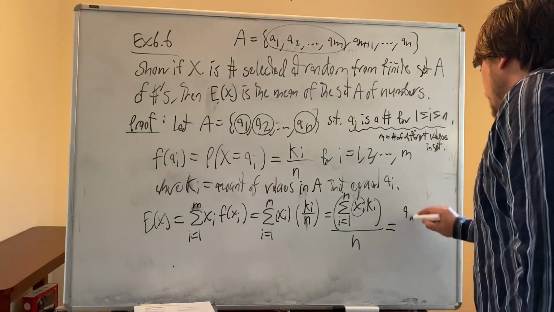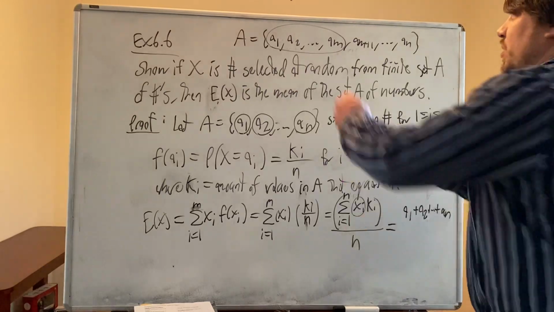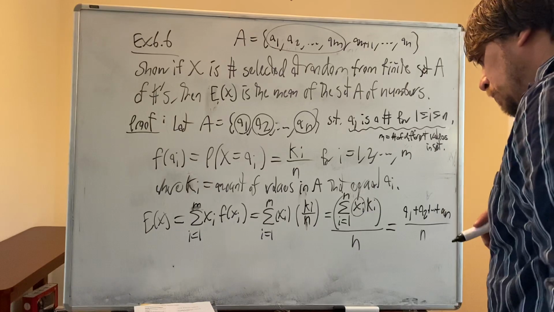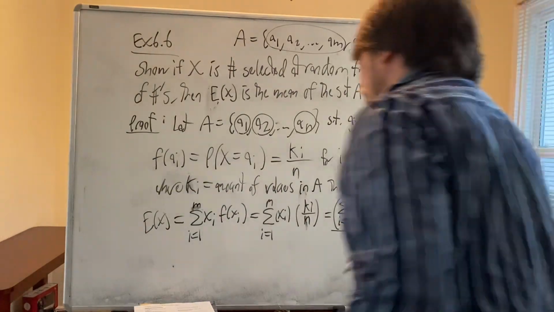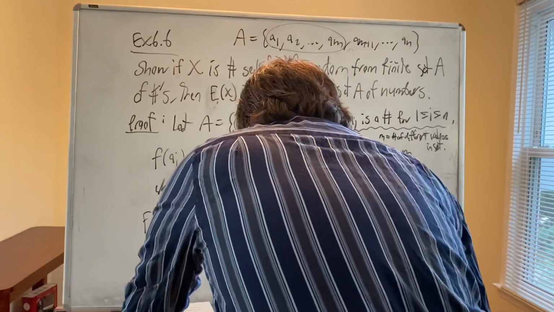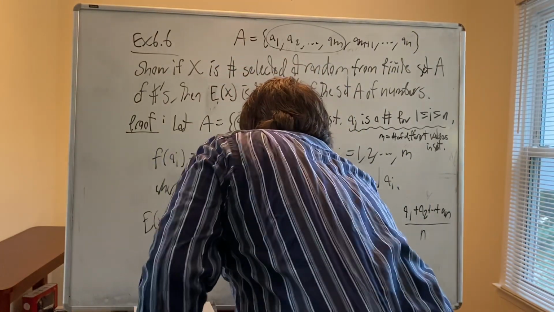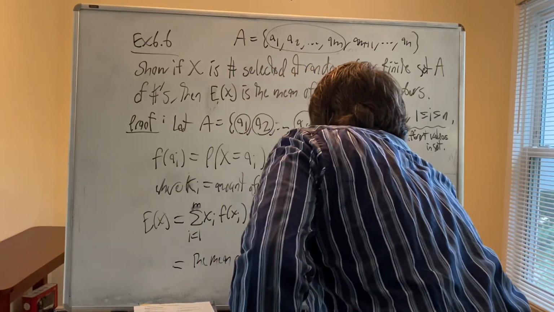So this is the same as A1 plus A2 plus dot dot dot plus A sub n, the sum of all of the values, divided by little n. And this is equal to the mean of the set capital A of numbers.